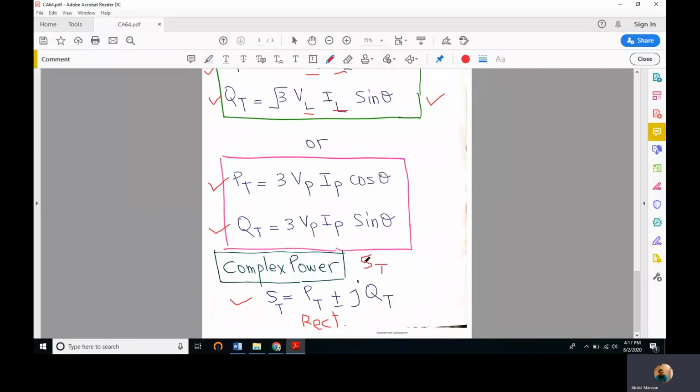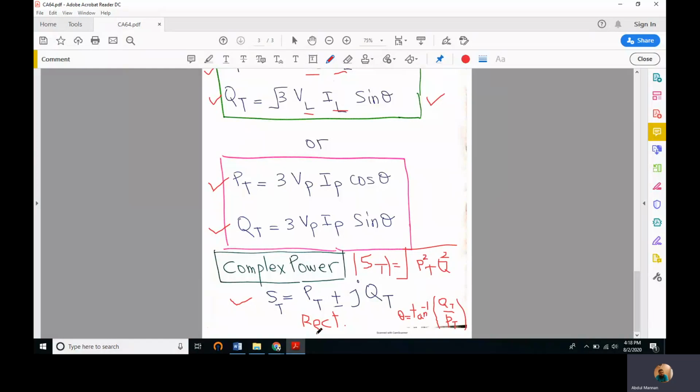The magnitude of ST, the total power, is the square root of P squared plus Q squared, and the angle theta is the inverse tan of y over x, in this case Q total divided by P total.